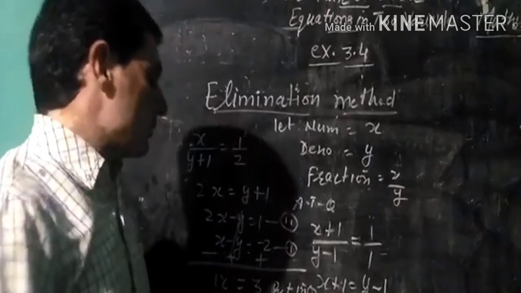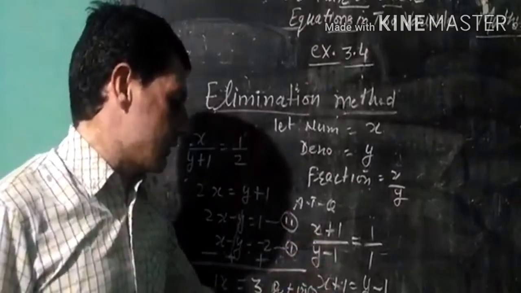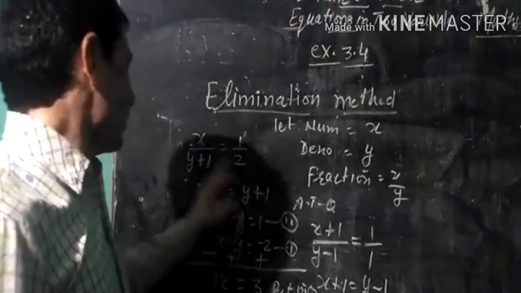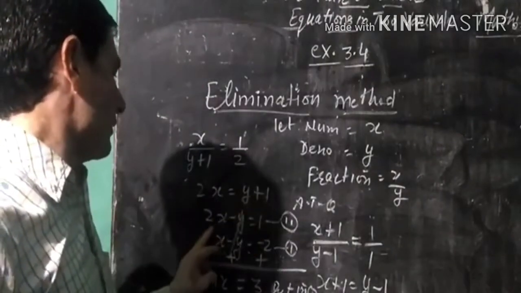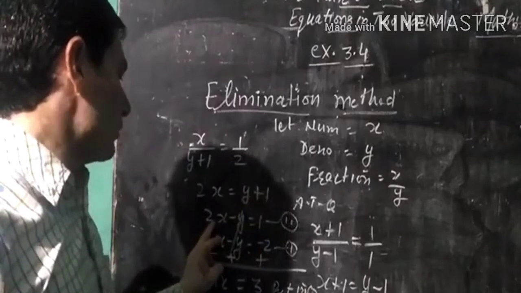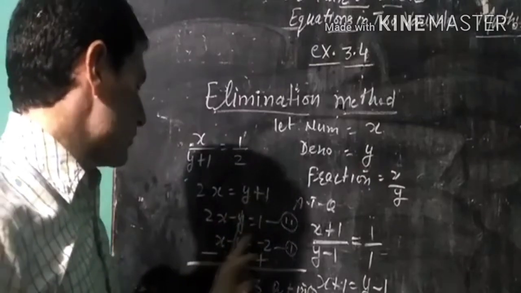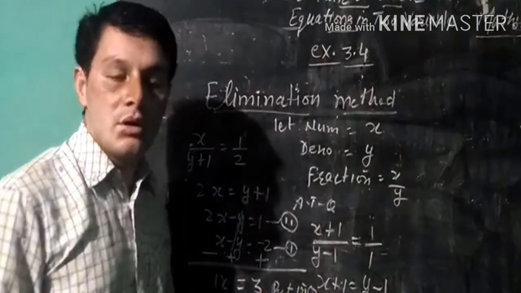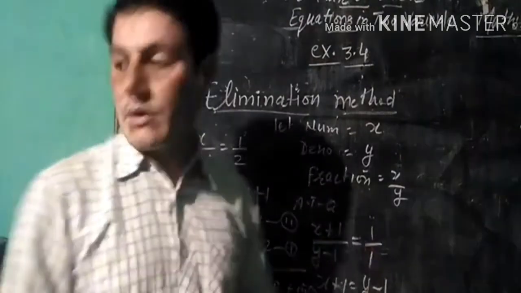If I add 1 to the numerator and subtract 1 from the denominator, it will become x minus y is equal to minus 2, or this is 2x is equal to y plus 1. So what will this become? 2x minus y is equal to 1. I need to simplify these two and I will get the result. x is equal to 3 and y I will put into the given equation. You will get the result. Okay. Next question.